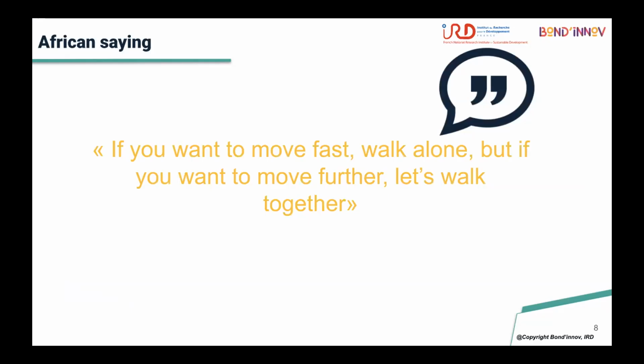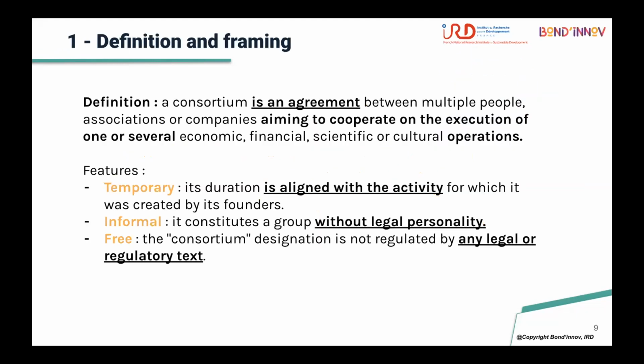So a consortium can be defined by referring to a famous citation: if you want to move fast, work alone. But if you want to move further, let's work together. I think this is famous, maybe even in Africa, and is usually used to illustrate the mindset of working in collaboration or in a group.